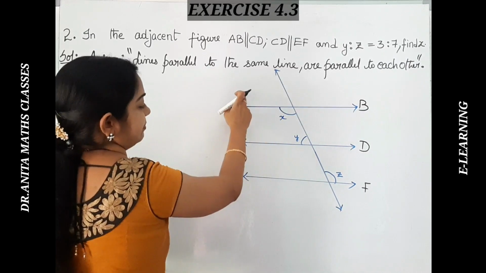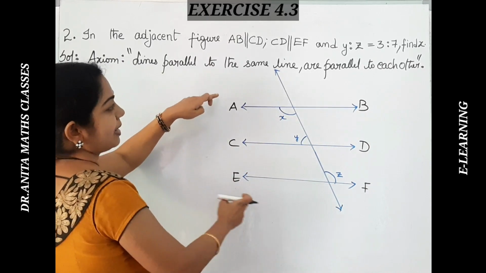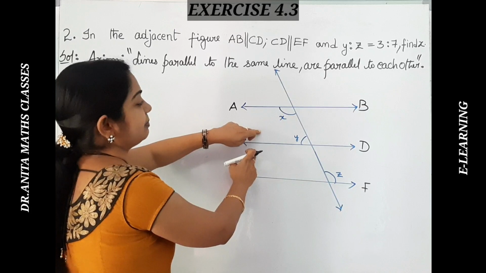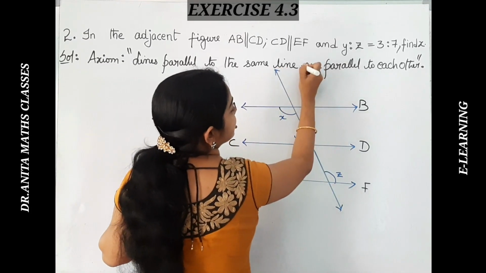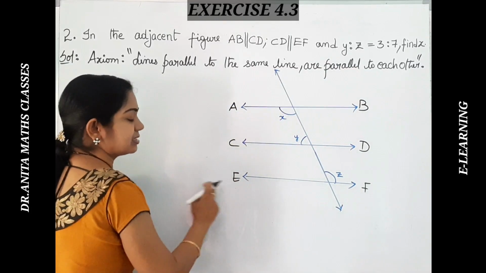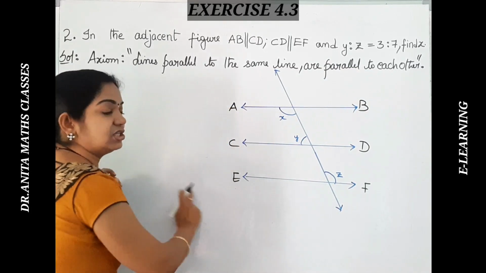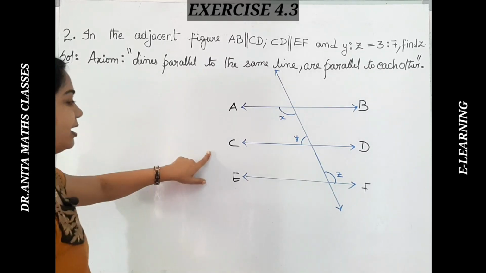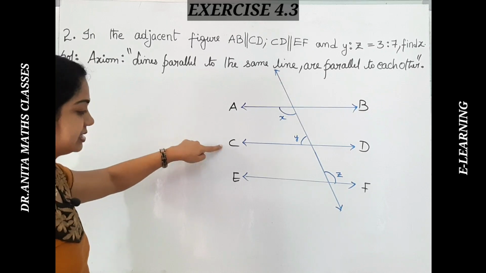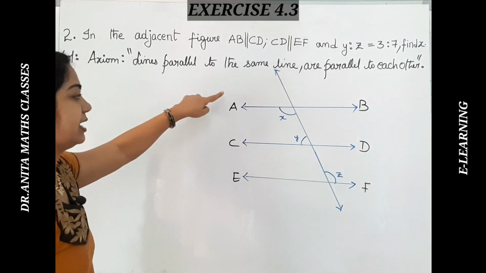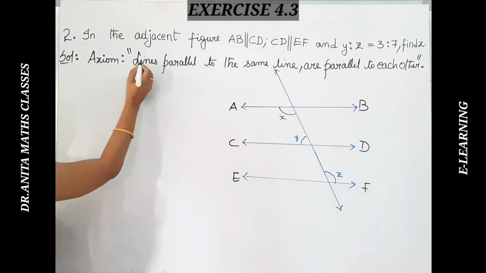Since AB is parallel to CD and CD is parallel to EF, these two lines are parallel to the same line, so they are also parallel to each other. That is what the axiom says. So AB is parallel to EF according to that axiom.